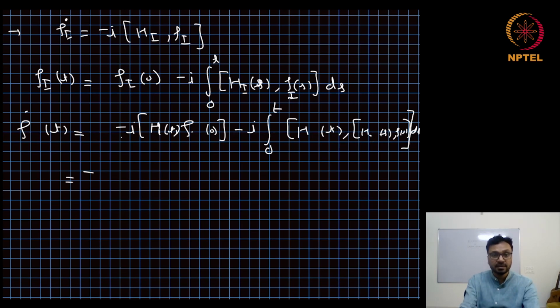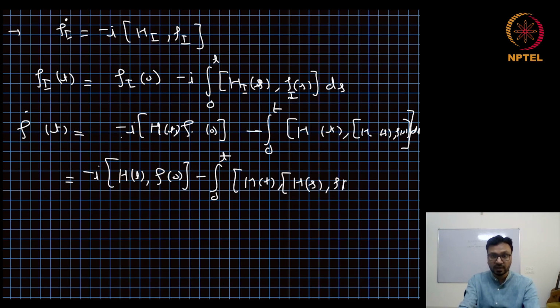Let me write it clearly here: minus i [H(t), rho(0)], and there is just a minus sign, integral from 0 to t of the commutator [H(t), [H(s), rho(s)]] ds.